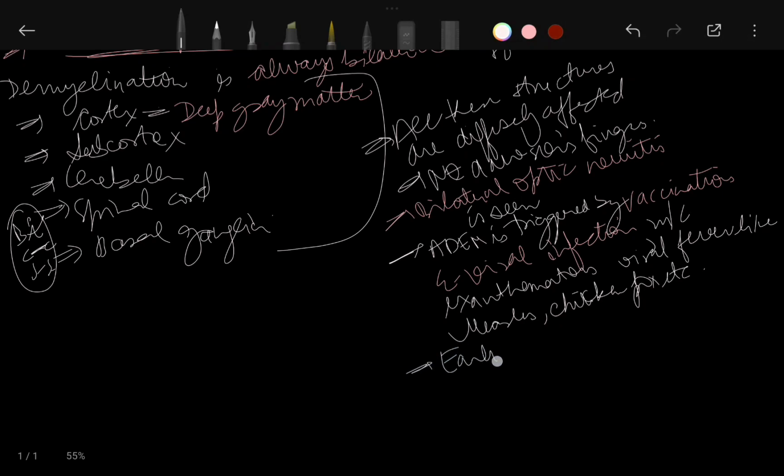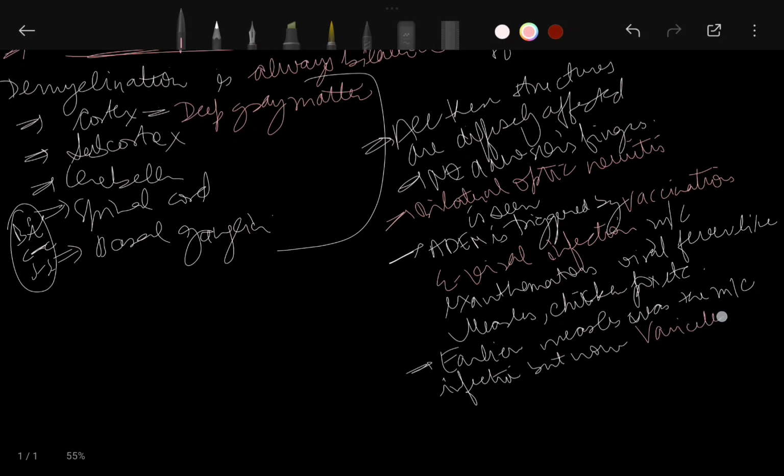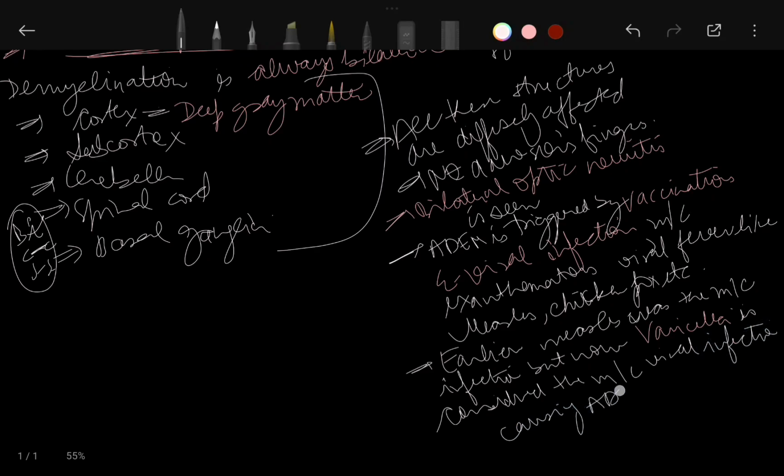Earlier, measles was the most common infection, but now varicella is considered the most common viral infection causing ADEM.